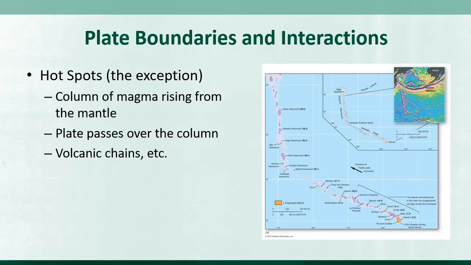Now there's one other type of, not really movement, but an important type of tectonic activity that's worth talking about, which is sort of an exception to plate tectonics, and those are hotspots.